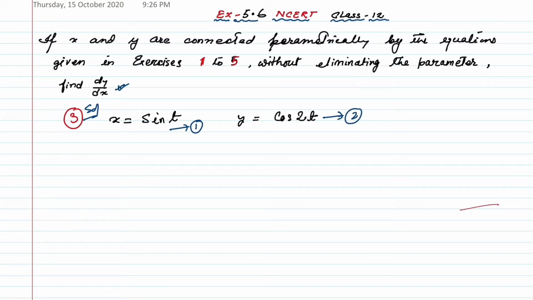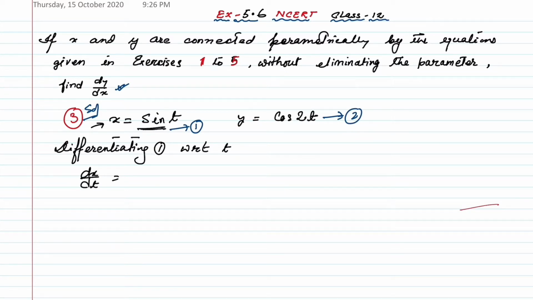So now differentiating equation number 1 with respect to t, then you will get dx by dt, and derivative of sin t is cos t, so it is cos t.